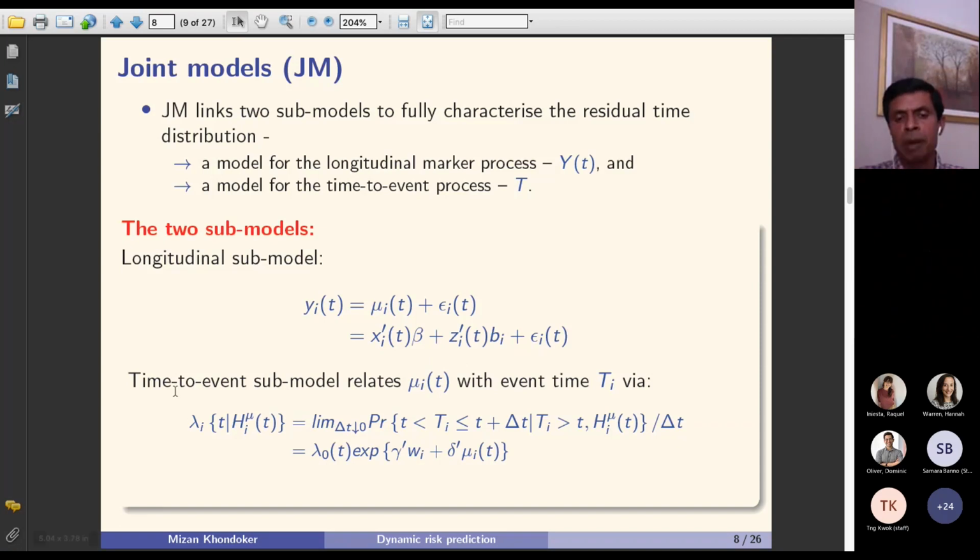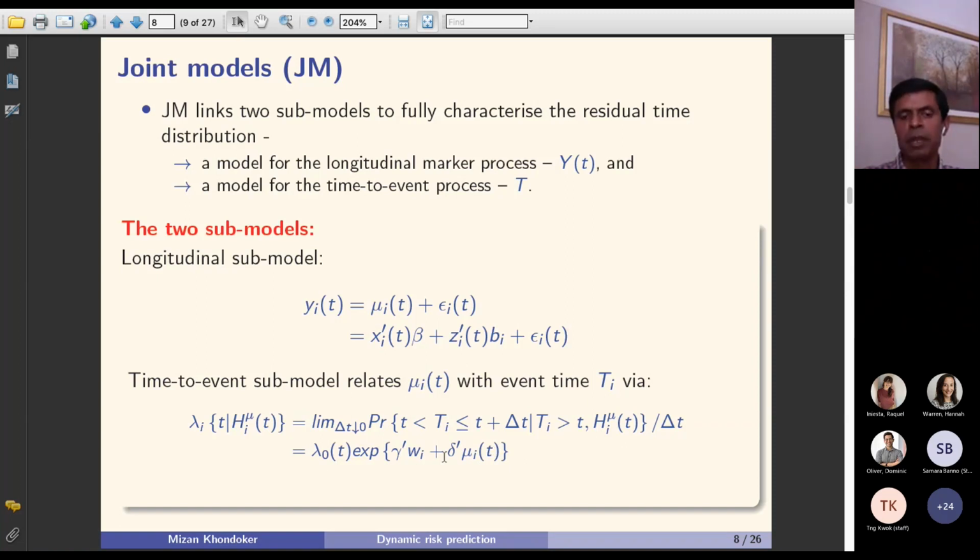And the time-to-event submodel relates the true biomarker with the event time process by a Cox-like regression model. You might have noticed that this is very similar to a Cox regression model. But this mu_i(t) here is unobserved data, so it is not a covariate actually.